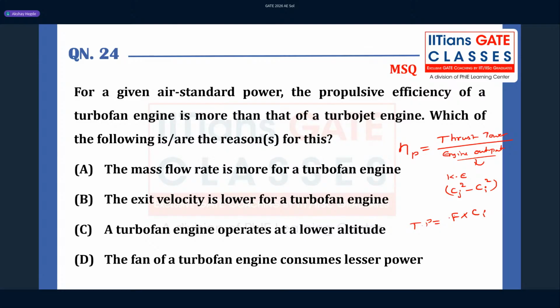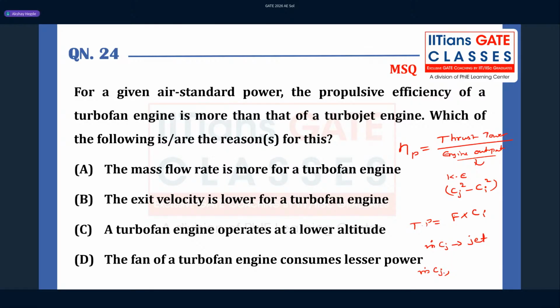And thrust for a turbojet engine depends on mass flow rate and the exhaust speed, directly proportional. Whereas thrust for the turbofan engines depends on mass flow rate and CJ, as well as the fan thrust, or the cold thrust.